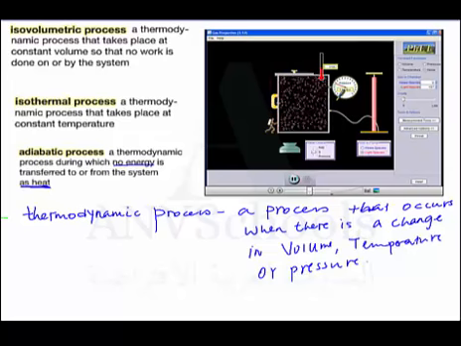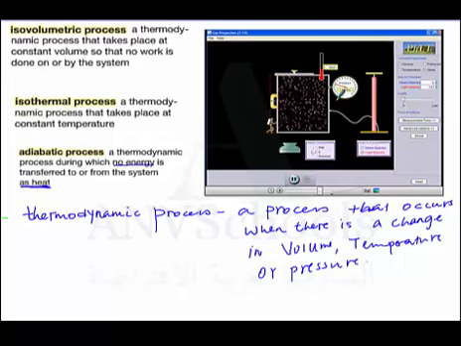This process is called an adiabatic process: a thermodynamic process during which no energy is transferred to or from the system as heat. But here we are changing the temperature of the system.